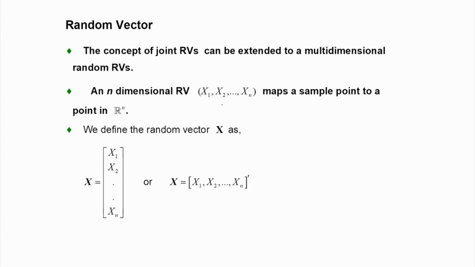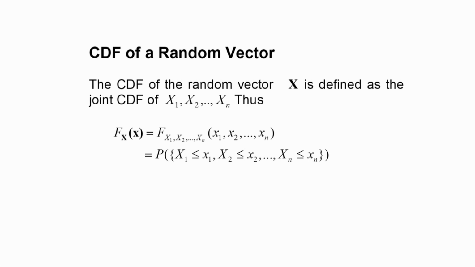These n tuples x 1, x 2 up to x n can be represented by a vector x. This is the common notation: we write a vector as a column matrix x 1, x 2 up to x n, or we can write x as a row matrix transpose. Defining a random vector x, we can find the cumulative distribution function.